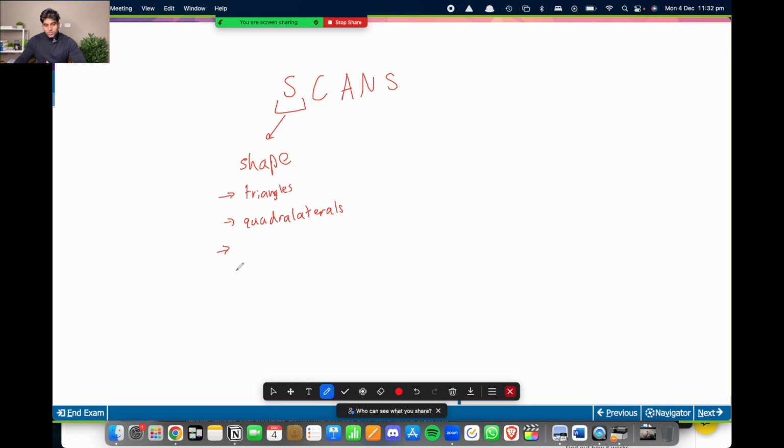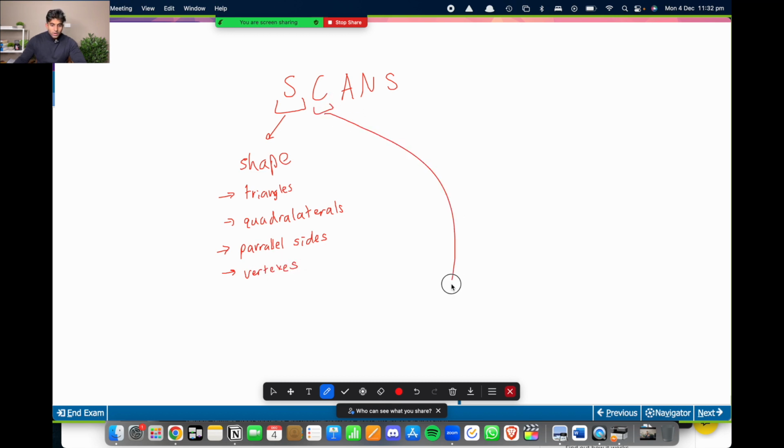It could be something to do with the properties of shapes as well. So it could be something to do with parallel sides. It could be something to do with the vertexes. The list can go on.